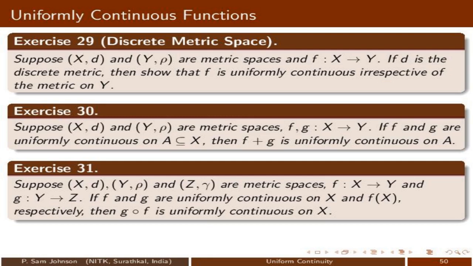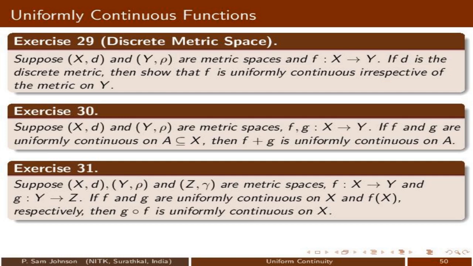When x and y are the same, f of x and f of y are the same, then rho of f of x comma f of y is 0, which is always less than epsilon. Therefore this function is uniformly continuous irrespective of any metric on Y.